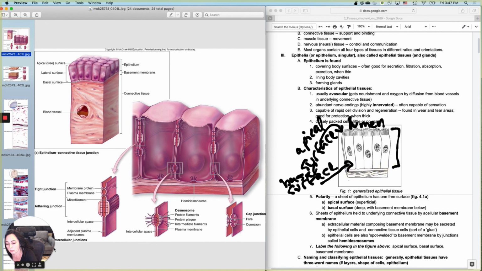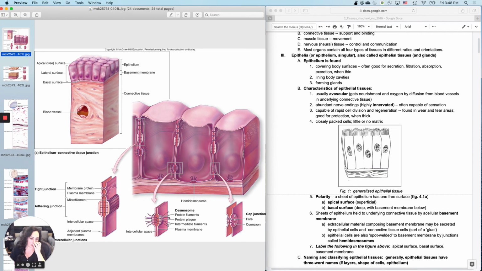That structure, let me make that a little thinner. Okay, this structure right there, what is that? That is the basement membrane. Okay, basement membrane. Apical surface, basal surface, basement membrane, and then I added lumen in there because you can also do lumen on that figure. Okay, so basement membrane we already talked about.